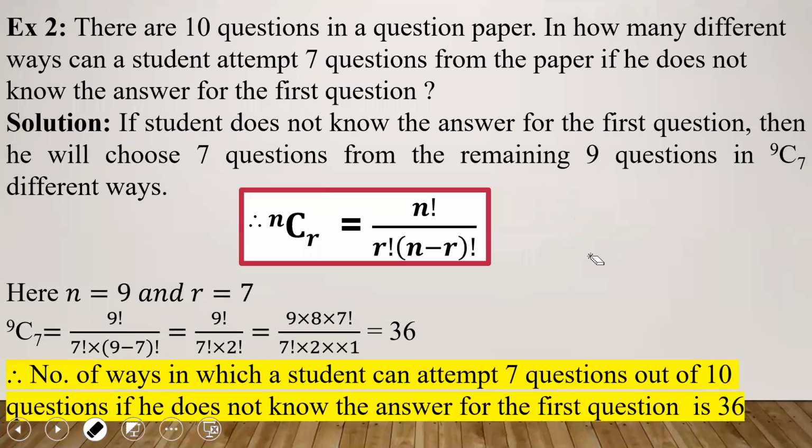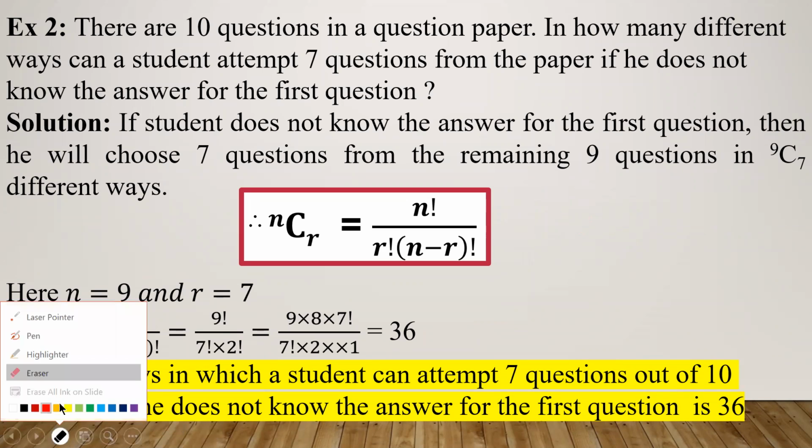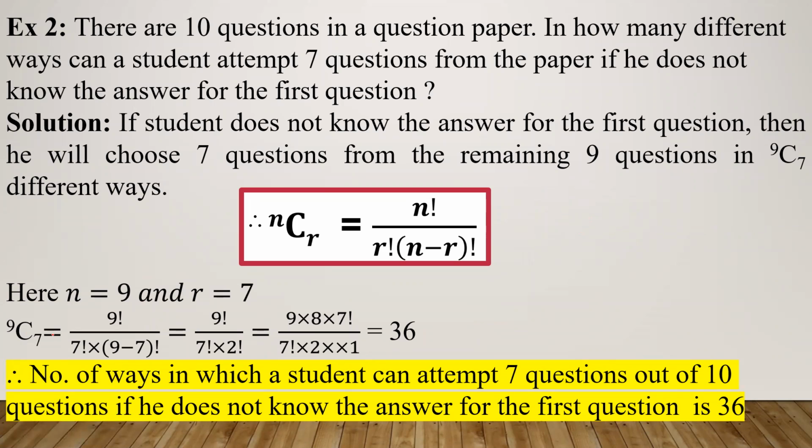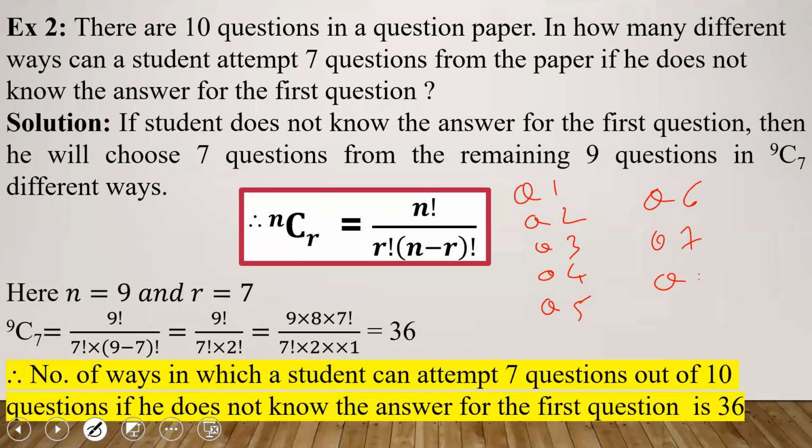See here, there are 10 questions in the question paper: question number 1, 2, 3, 4, 5, 6, 7, 8, 9, and 10.